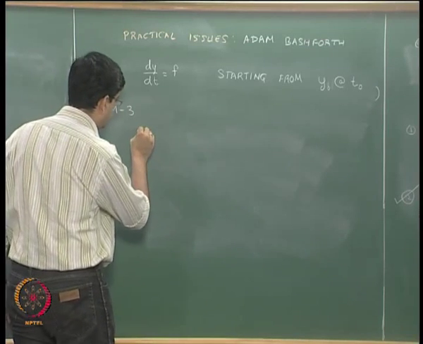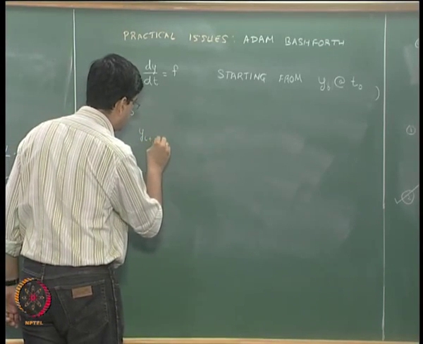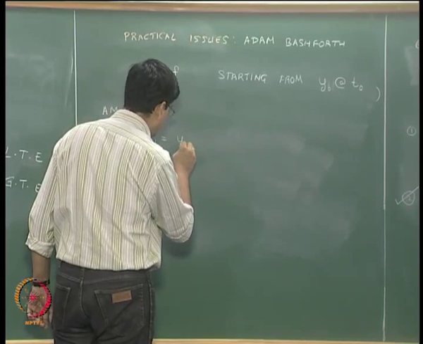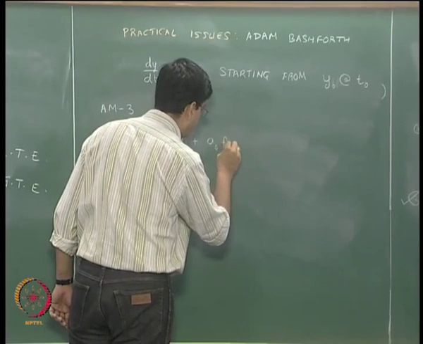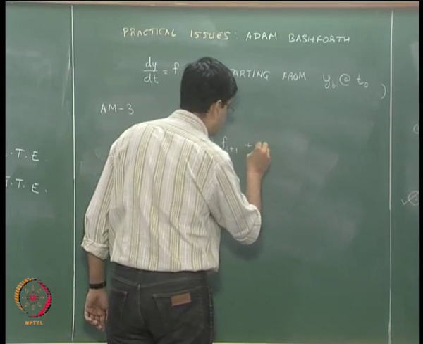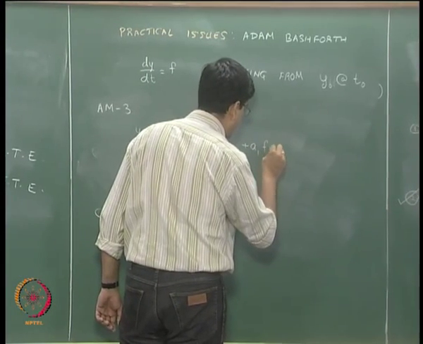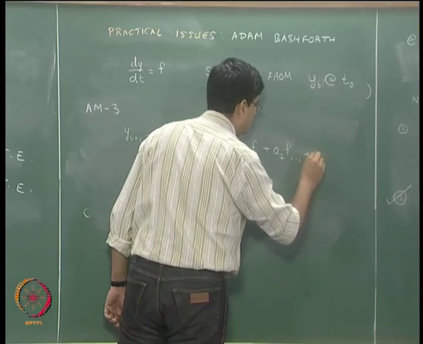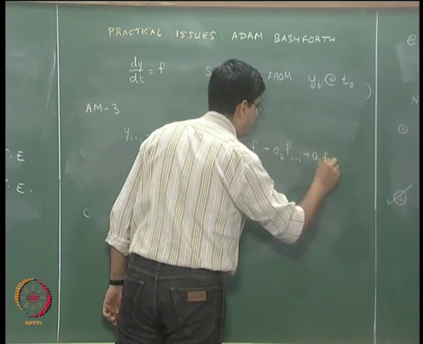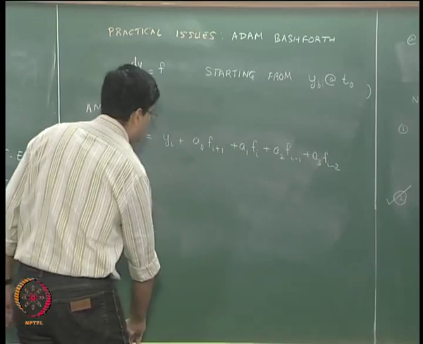AM3 will be written in the form of yi plus 1 is equal to yi plus a0 f i plus 1 plus a1 f i plus a2 f i minus 1 plus a3 f i minus 2.